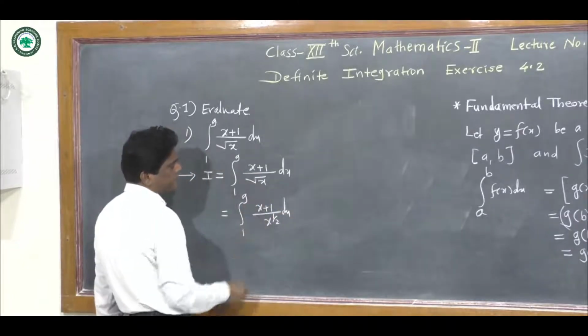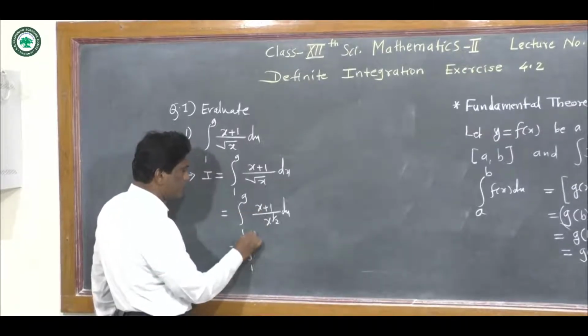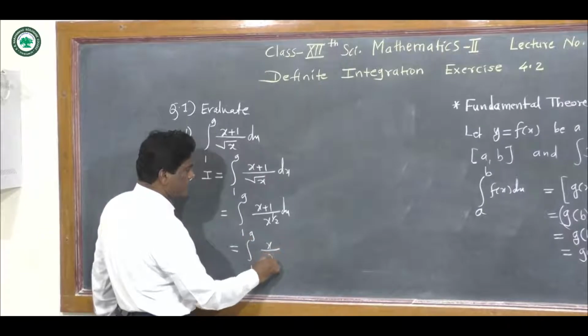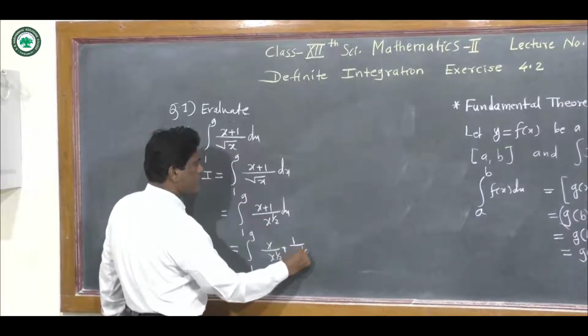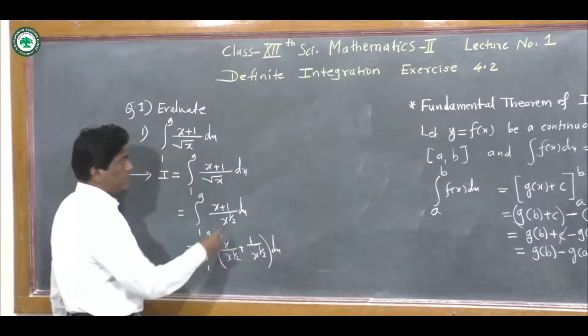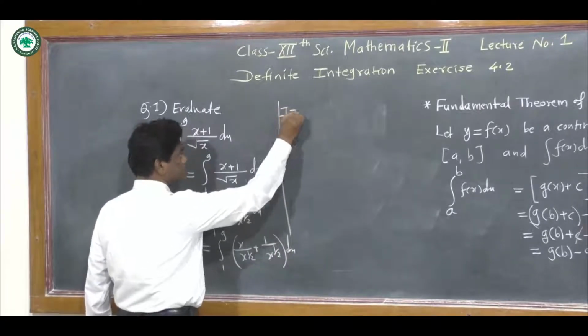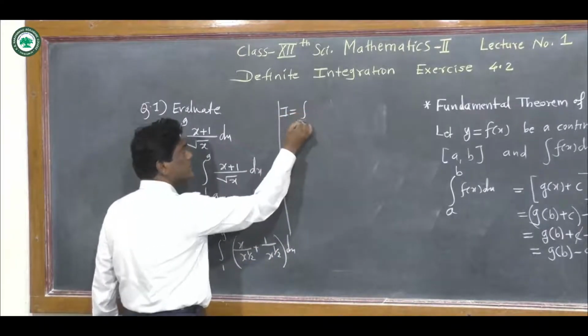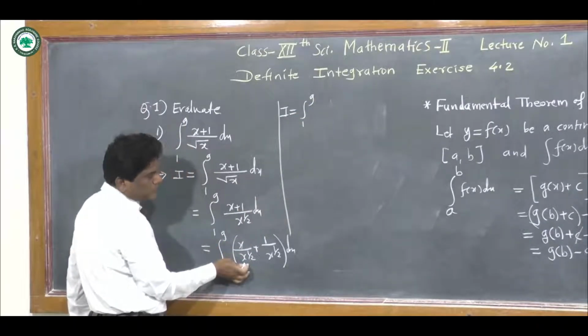Now divide the numerator separately. So we get integration from 1 to 9 of x upon x to the power 1/2 plus 1 upon x to the power 1/2 dx. Now take separate integration. So I is equal to integration from 1 to 9 of x upon x to the power 1/2.